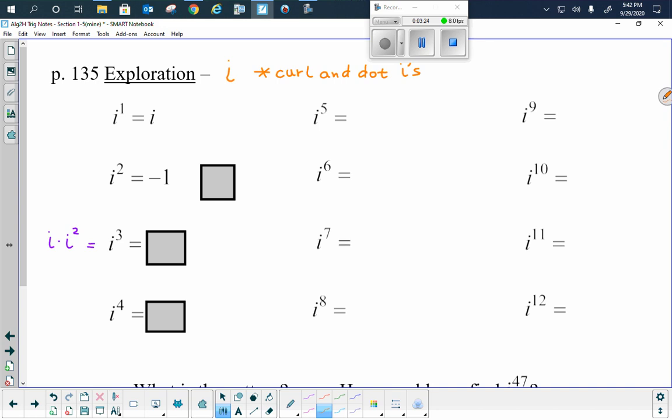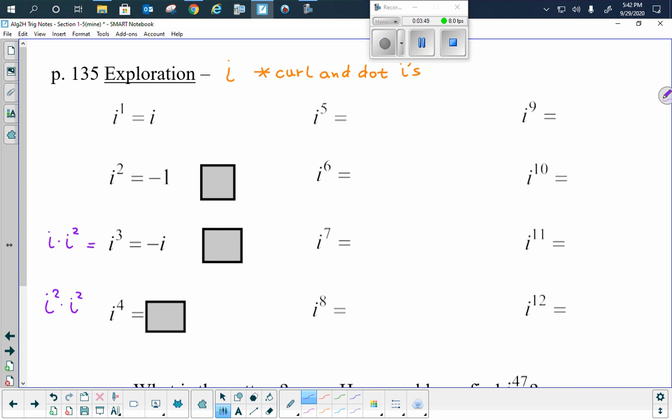All right, so back to i cubed. i times i squared equals i cubed. And therefore, if you take the results from above, i times -1, you would get -i. Now think about how you could get i to the fourth. You could do i squared times i squared, right?